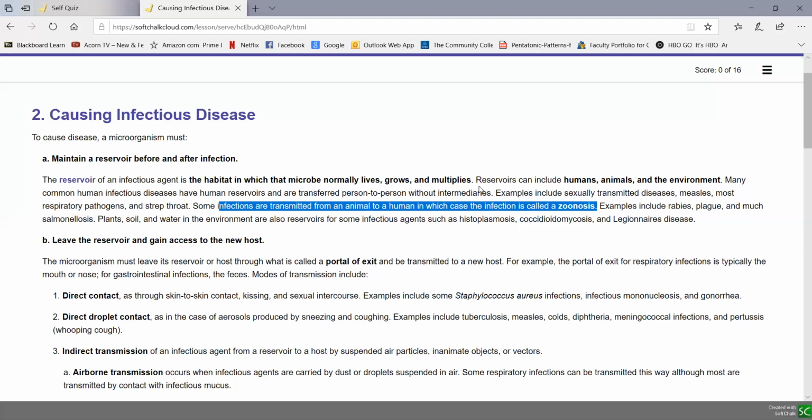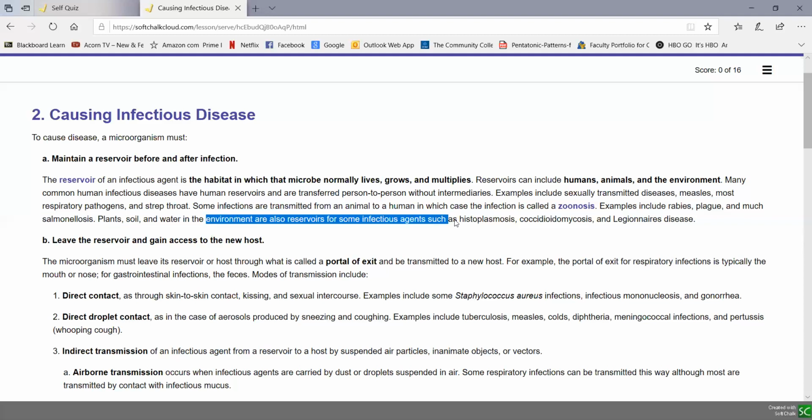And of course, the environment can also be a reservoir for some infectious agents. Some are fungal infections like histoplasmosis and coccidioidomycosis, which occur when mold spores are inhaled from the environment. Another example would be Legionnaires' disease, often associated with water, such as cooling water, that is infected with Legionella pneumophila, the organism that causes Legionnaires' disease.